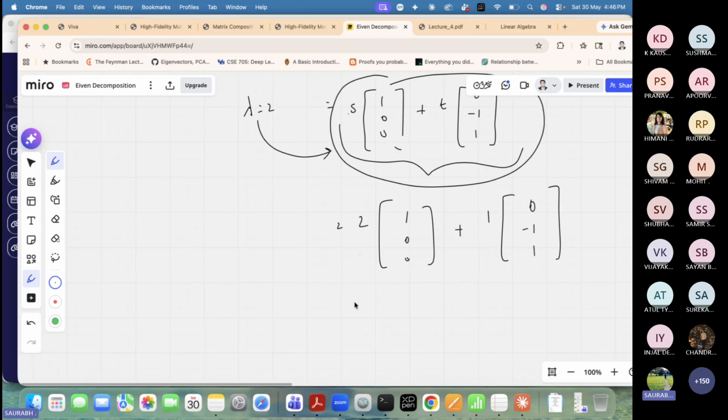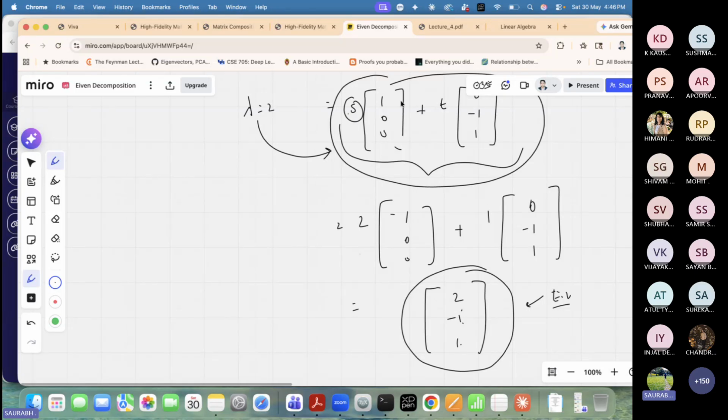If you add them together, it becomes 2, minus 1, 1. This is an eigenvector, one of the eigenvectors. Now you can change the value of s and the value of t to get as many eigenvectors as you like.